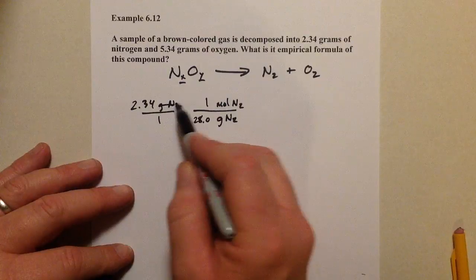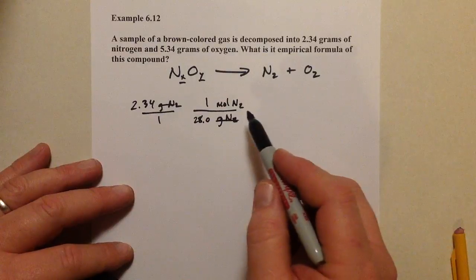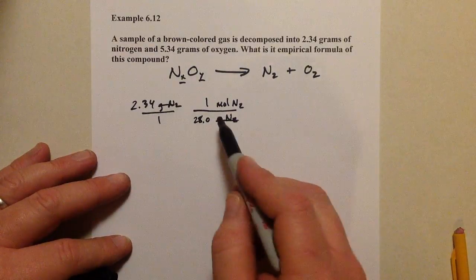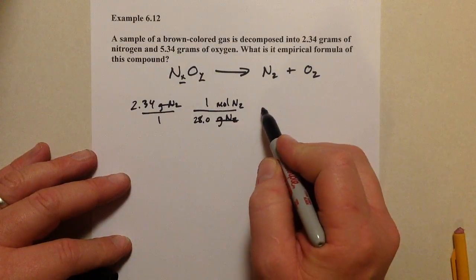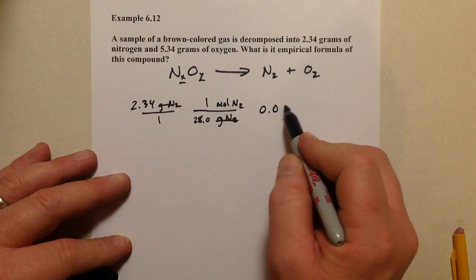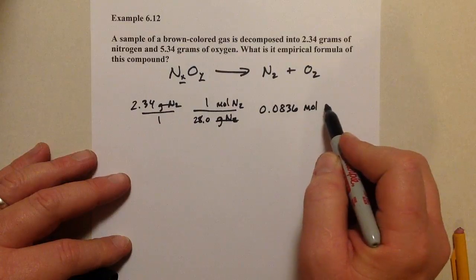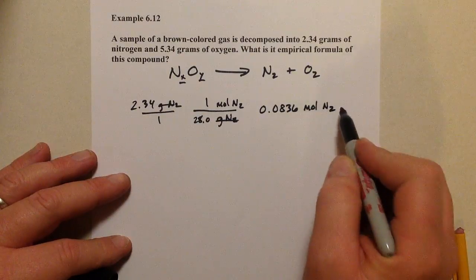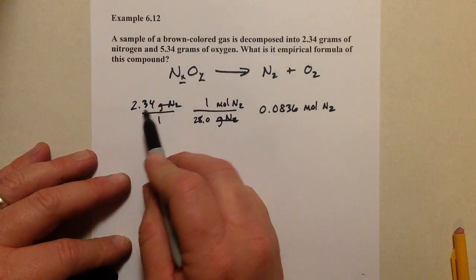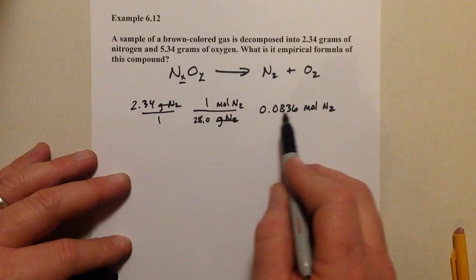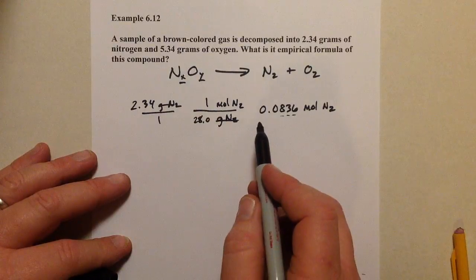And now what we can do here is cancel out the grams of nitrogen, that leaves us moles, and if we divide 2.34 by 28.0, we come up with an answer of 0.0836 moles of nitrogen. Good, excellent. And we'll write significant figures because we got 3 significant figures here, 3 here. Excellent. Now we want to do the same thing with oxygen.